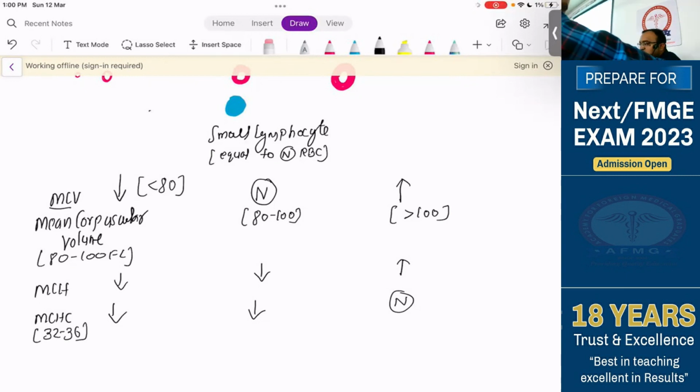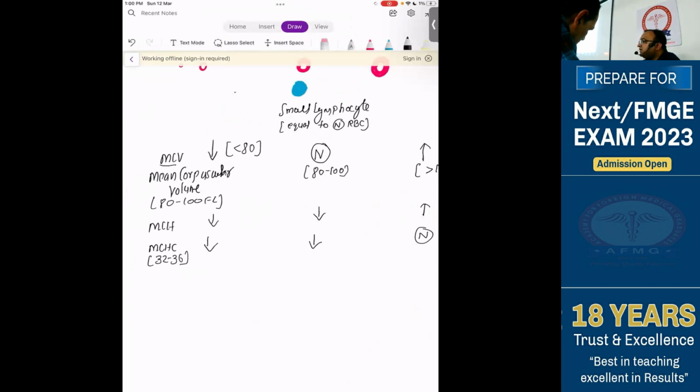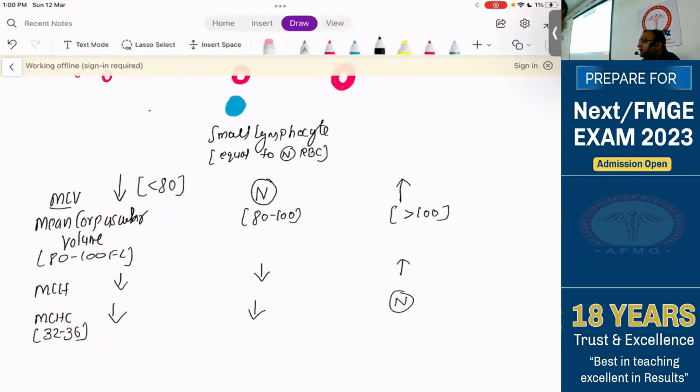Okay, this is important. MCHC क्या हो सकता है, या तो कम होगा या नॉर्मल रहेगा, लेकिन अपनी नॉर्मल रेंज को कभी भी एक्सीड नहीं करेगा. क्यों? What does MCHC suggest? MCHC suggests that in one average RBC, how much hemoglobin can be filled there. एक RBC में आप कितना hemoglobin भर सकते हो? एक लेवल ही तो होगा ना.